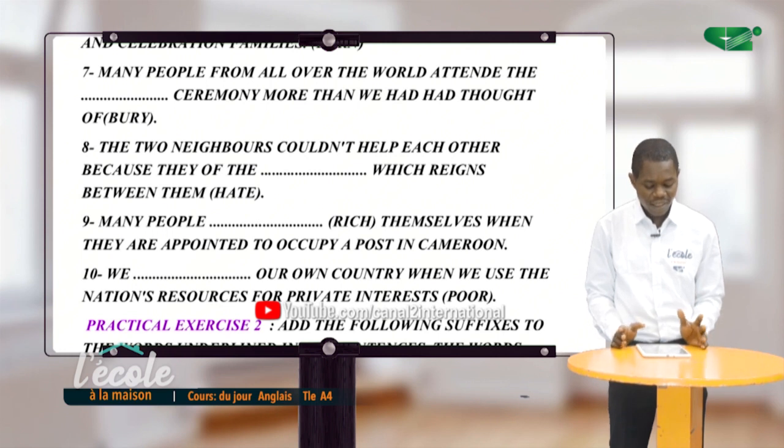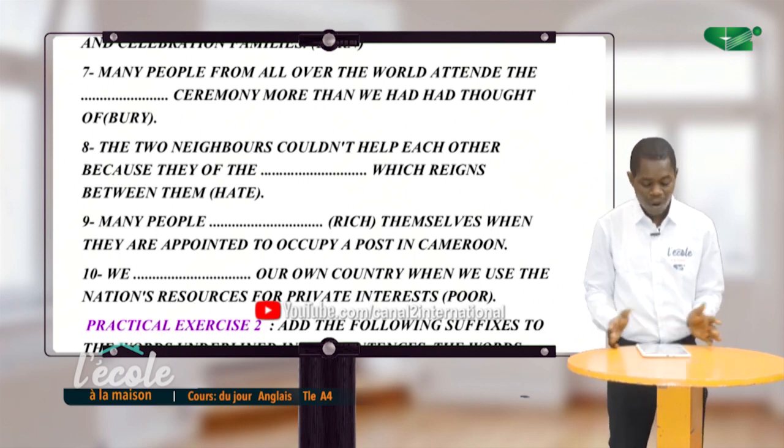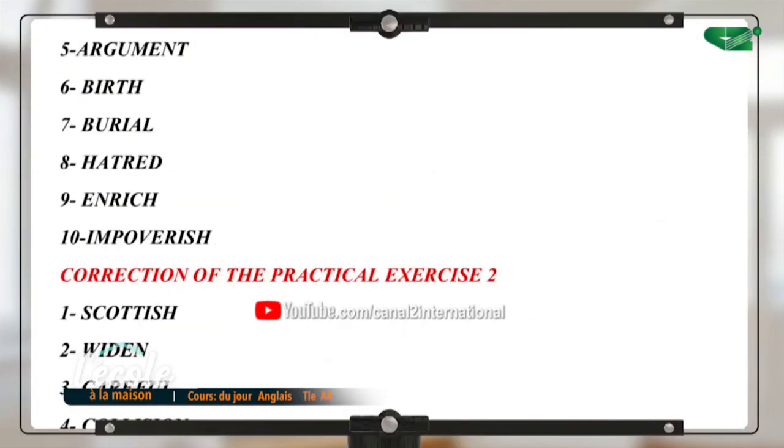Number 10. We dash our own country when we use the nation's resources for private interest. Inside the bracket, poor. What do we do? We impoverish our country because the state funds that we use are not supposed to be for our family alone.